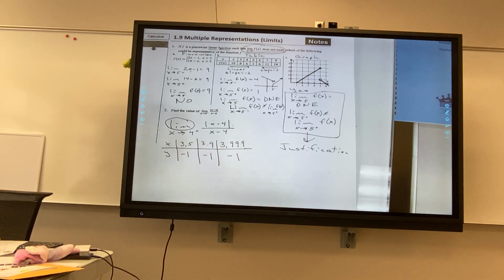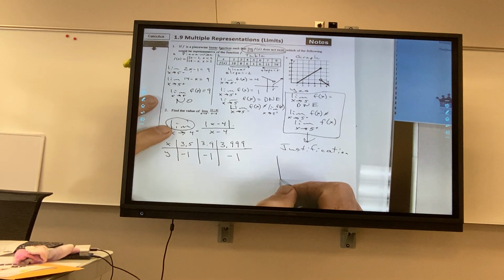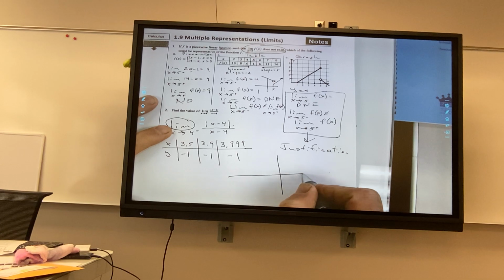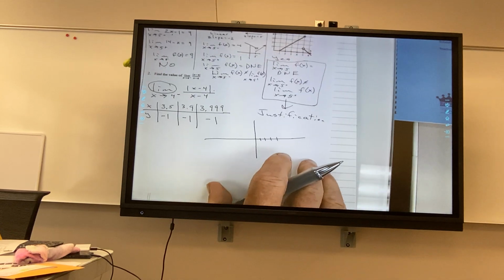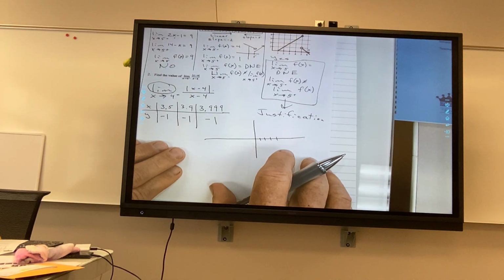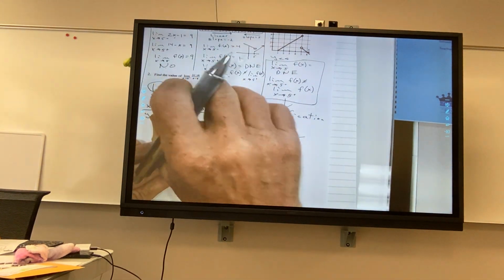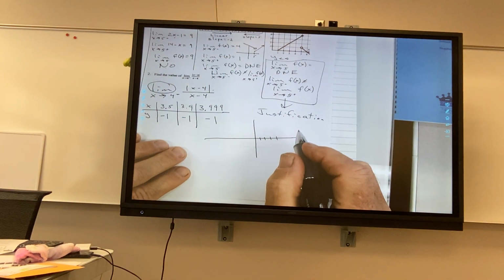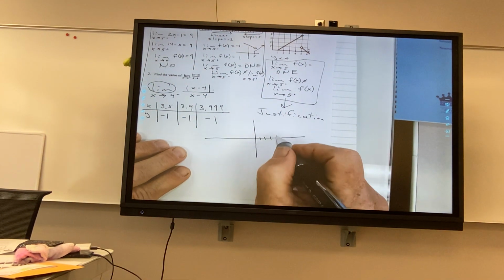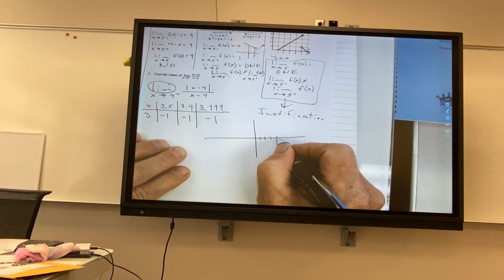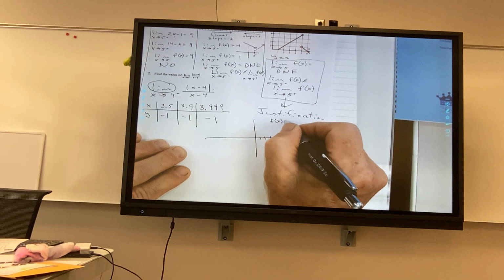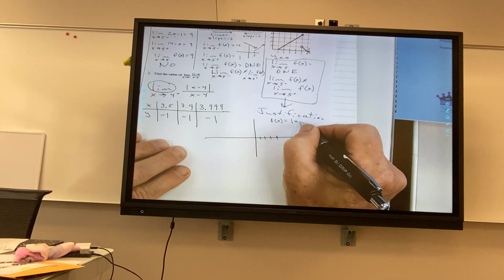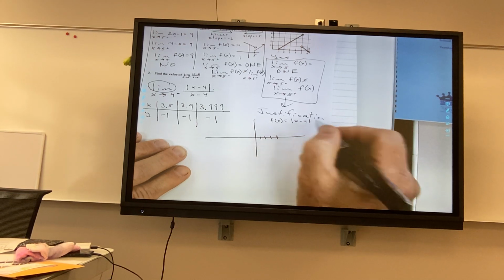Okay. Now, I'm going to draw a graph of this. 1, 2, 3, 4. I'm not going to draw a graph of that. I'm going to draw a graph of the absolute value, okay? So I'm drawing a graph of f of x equals the absolute value of x minus 4.